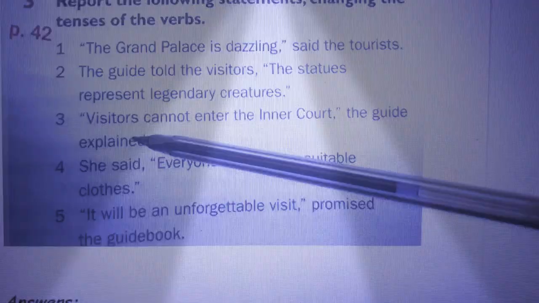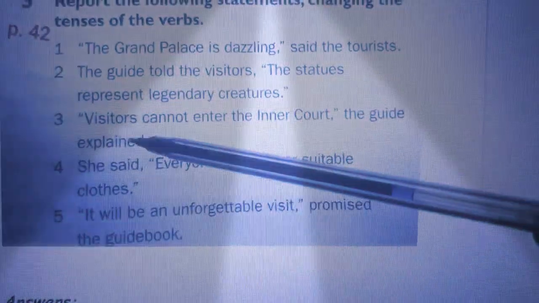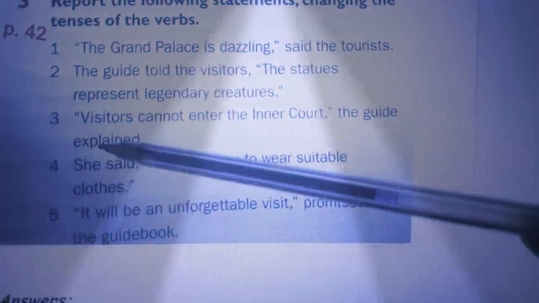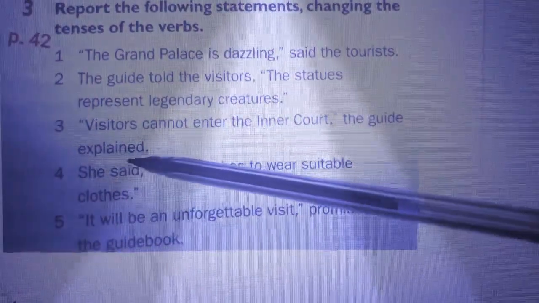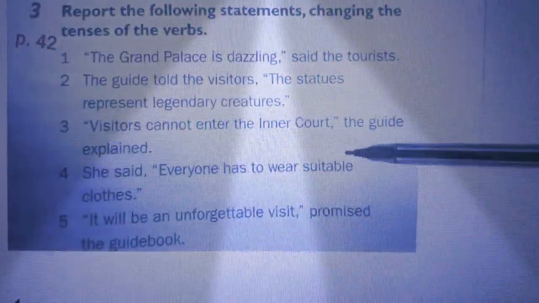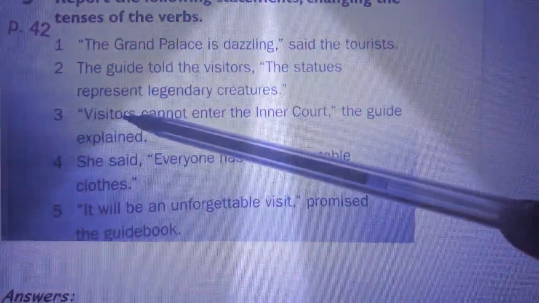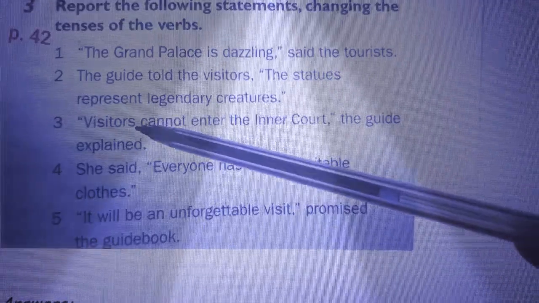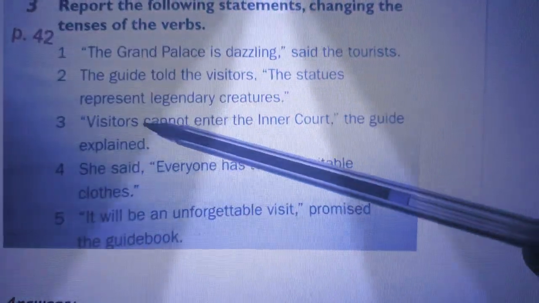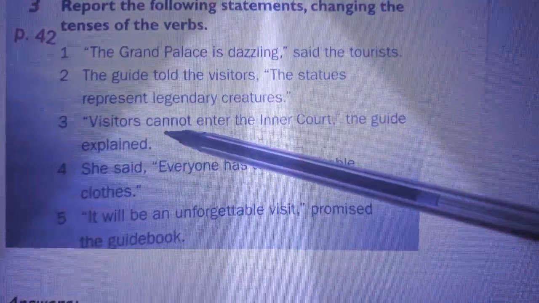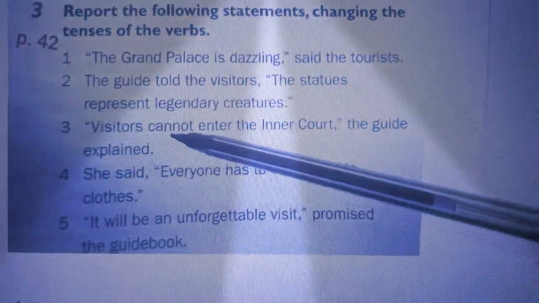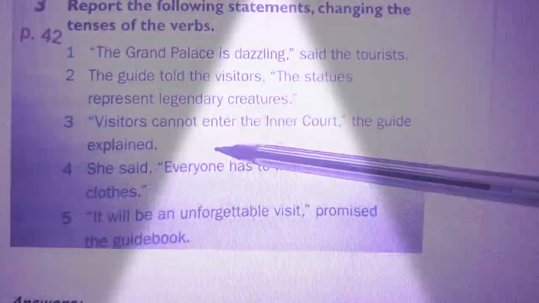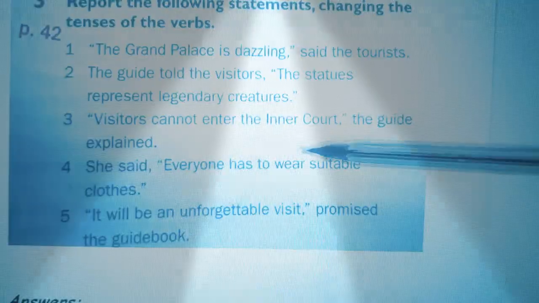I told you that we have said, told, and we have also many other verbs like advised, explained, announced, and so on. So the guide explained that visitors cannot, no, I'm going to change can into could, as I told you in the previous lessons. Visitors could not enter the inner court.